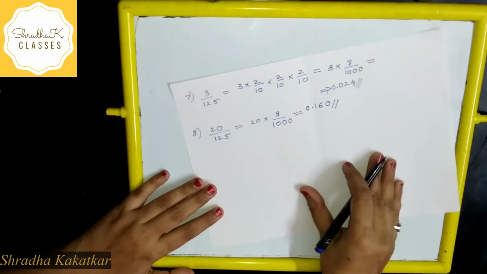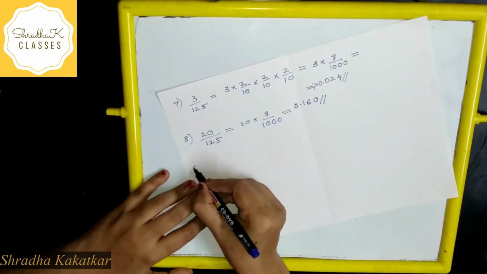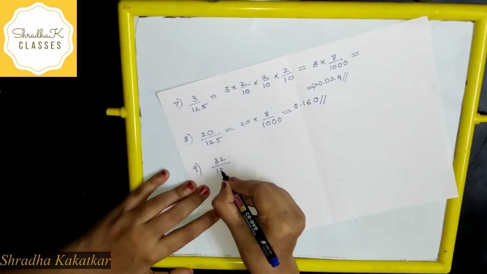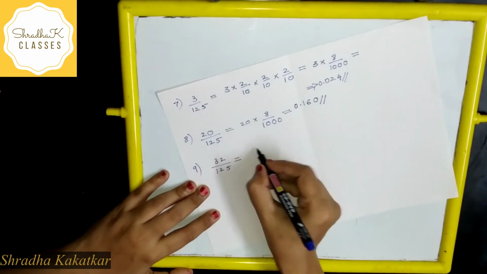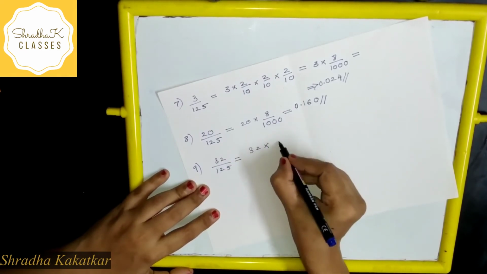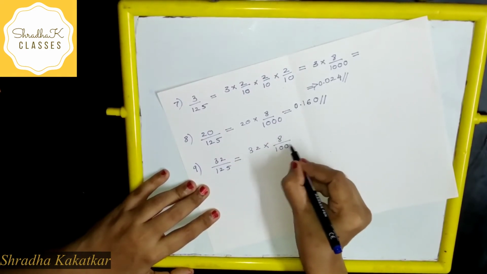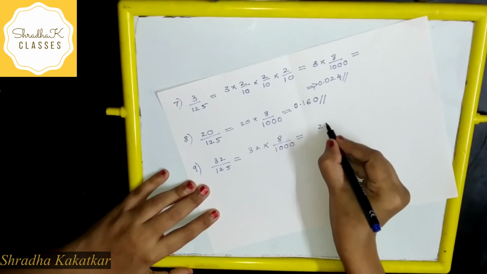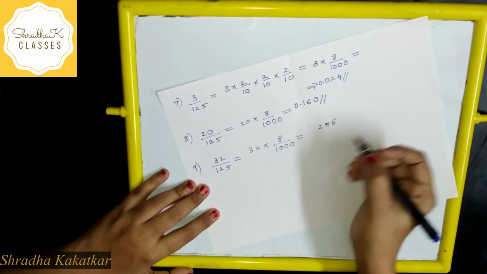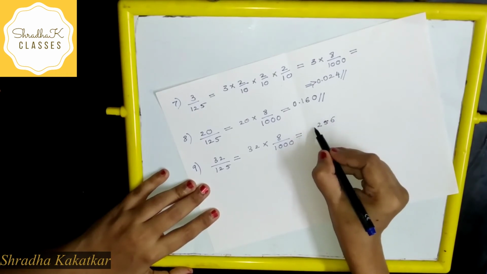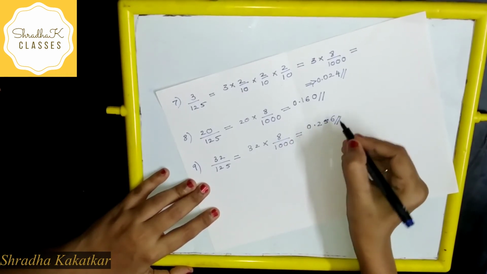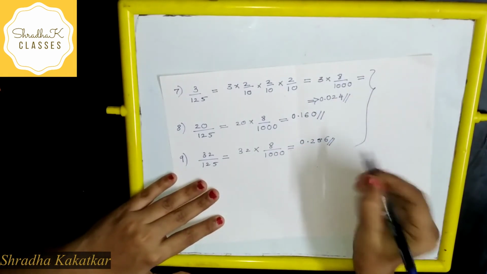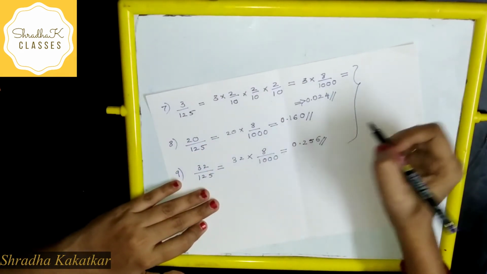So simple. Just practice. Next, 32 by 125. Same procedure. 32 into 8 by 1000. 32 into 8 is 256. Give the decimal point now, 1, 2, 3. This is your answer.